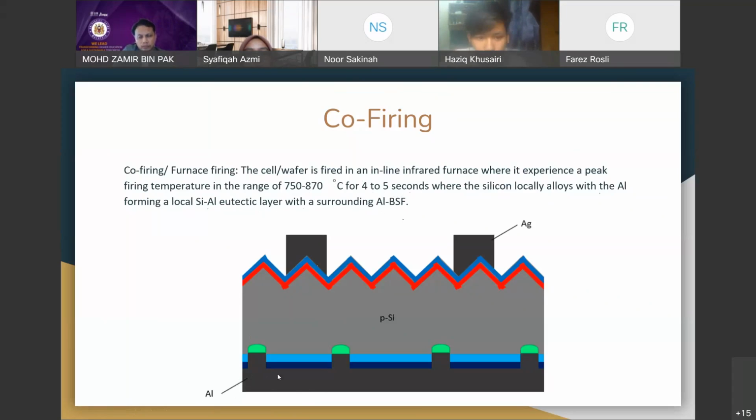You can see in the green colored, that is what we want in co-firing, the silicon aluminium eutectic layer. Eutectic means a mix of silicon and aluminium. That's all from me. Thank you.